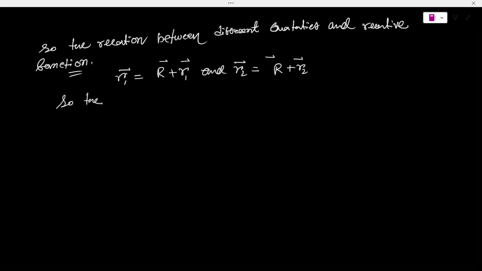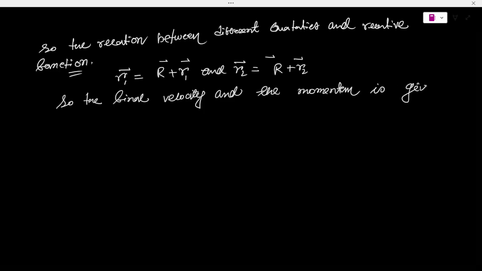So the final velocities and momenta are given by what?